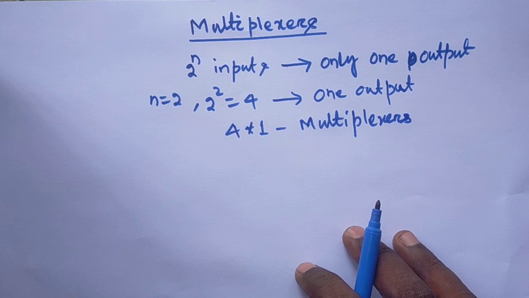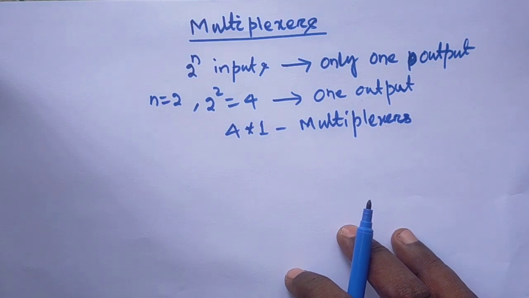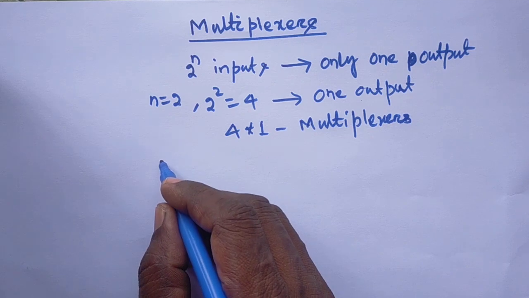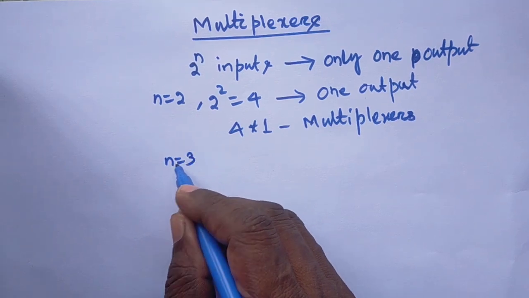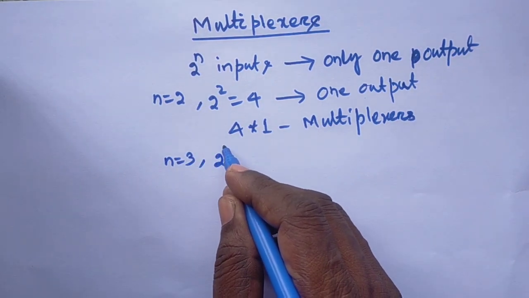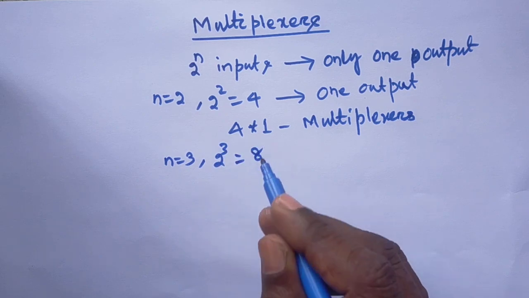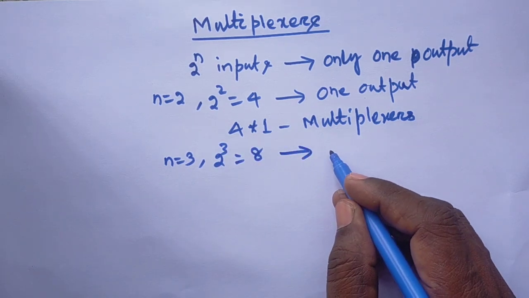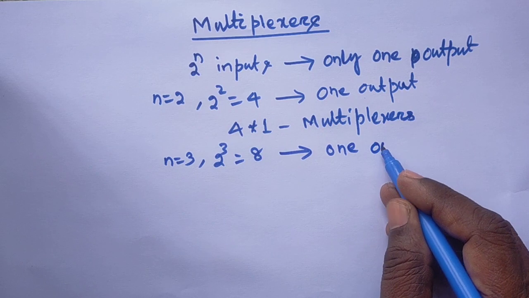Different models of multiplexers can also be considered. Similarly, if n is equal to 3, then 2 to the power 3 is equal to 8, and it also provides one output.